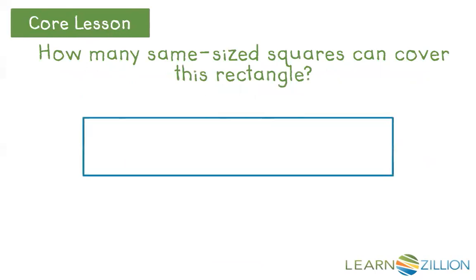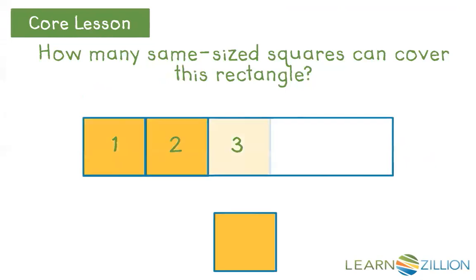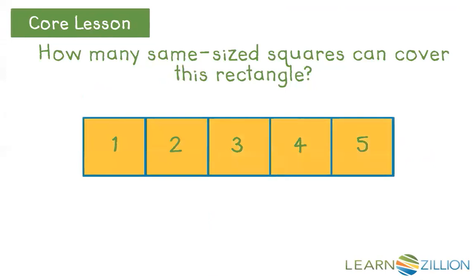How many same-size squares can cover this rectangle? 1, 2, 3, 4, 5. Notice that we have no overlap and we have no spaces that are uncovered. This rectangle has been partitioned into 5 same-sized squares.